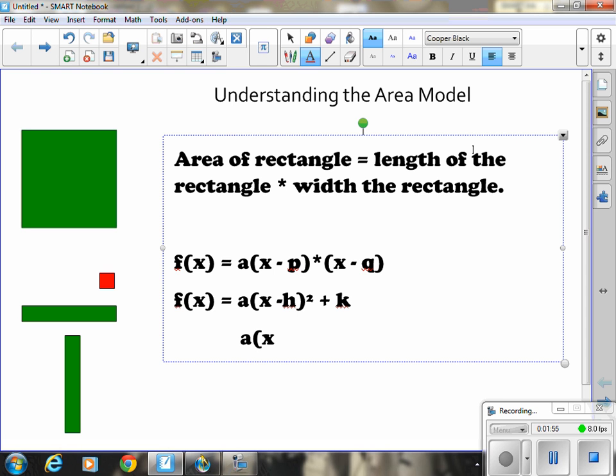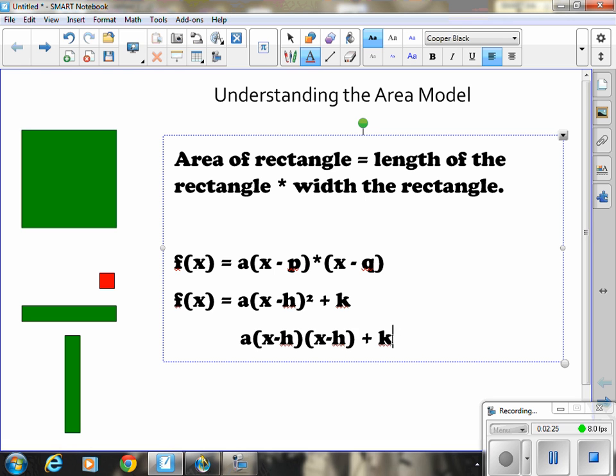It's got that x minus h squared, which we know is x minus h times x minus h, plus k. So once again, I see something that looks like length times width, which does relate to the area of a rectangle, but it's got something added to it or subtracted from it. So I'm taking the area of a rectangle, but I'm adding some quantity to it, or subtracting some quantity from it. This will make more sense when we go through the examples of converting.